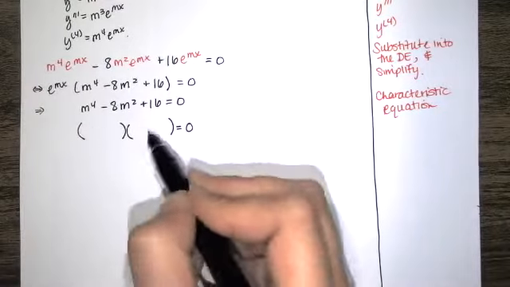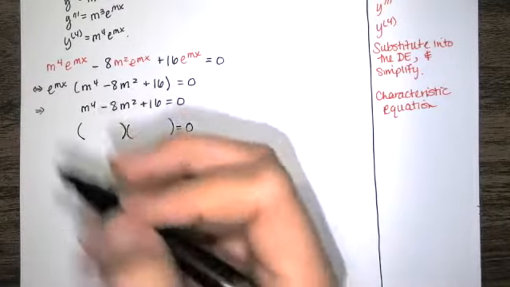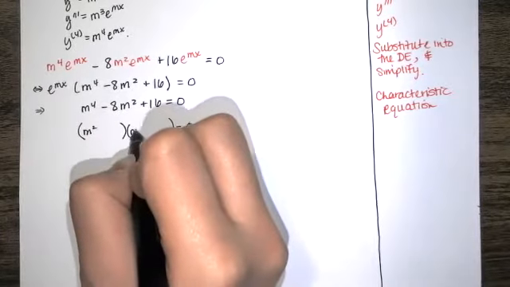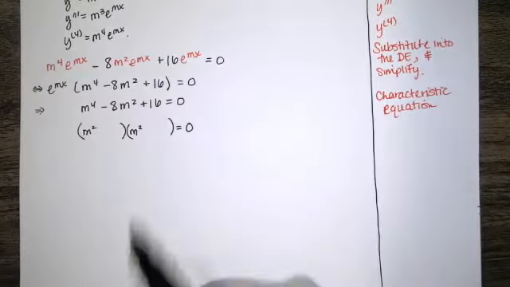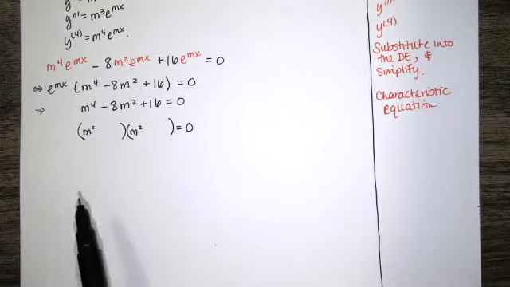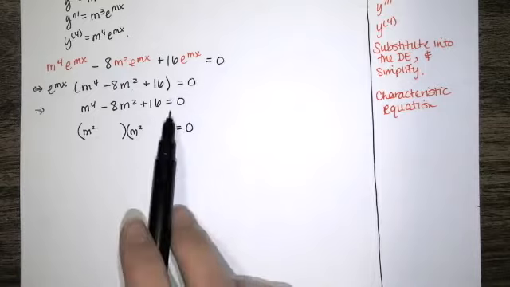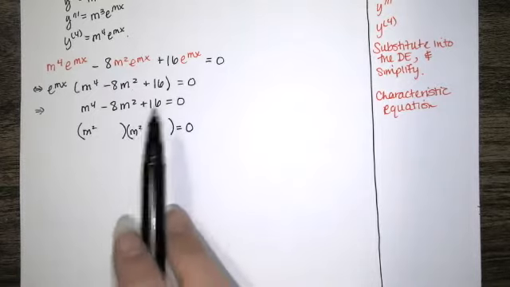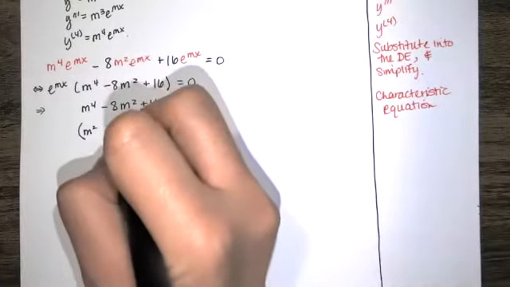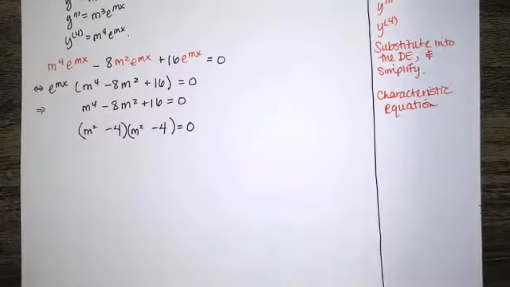But instead of having an m and an m here, in order to get an m to the fourth, we're going to have an m squared here and an m squared here. First times first is m to the fourth. And then outer times outer plus inner times inner has to be that negative 8m squared. And then last times last has to be 16. So we're looking for two numbers that multiply to give us 16 and add to negative 8. Negative 4 will work.